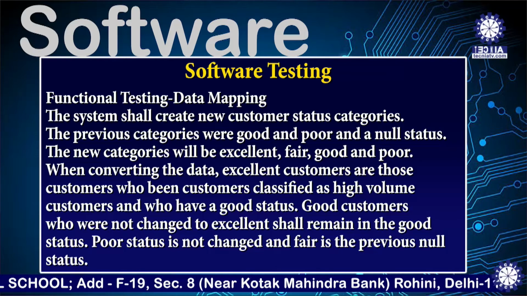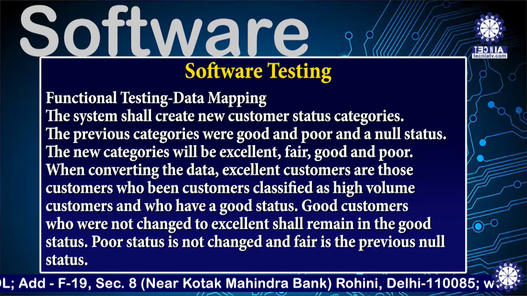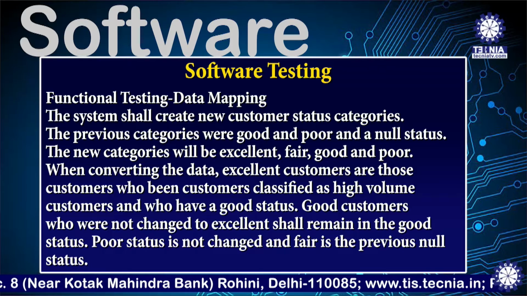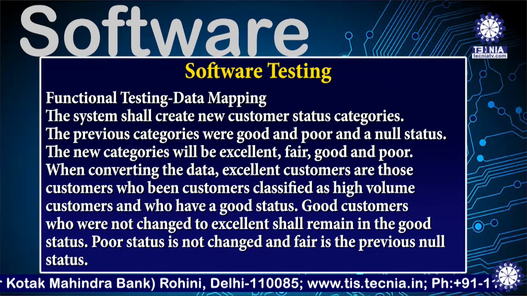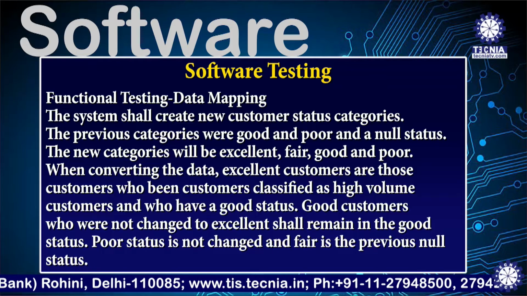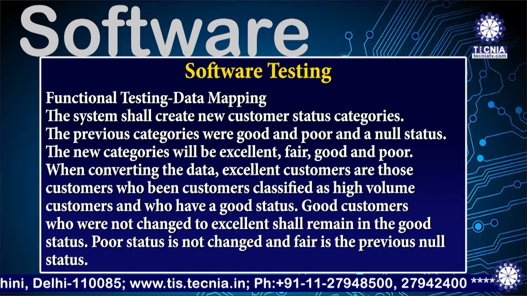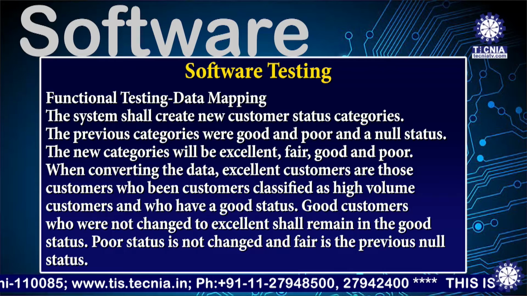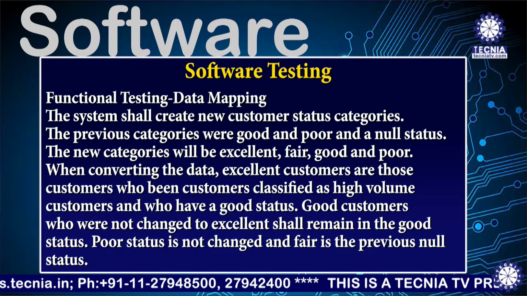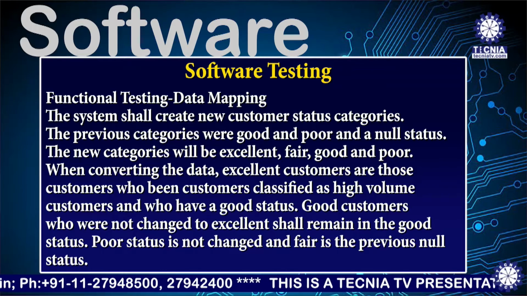But if the customer is a good customer, then the discount for a good customer must be mapped with 2%. And if the customer is a bad customer, then the mapping for a bad customer must be done with no discount. So friends, this is called data mapping.